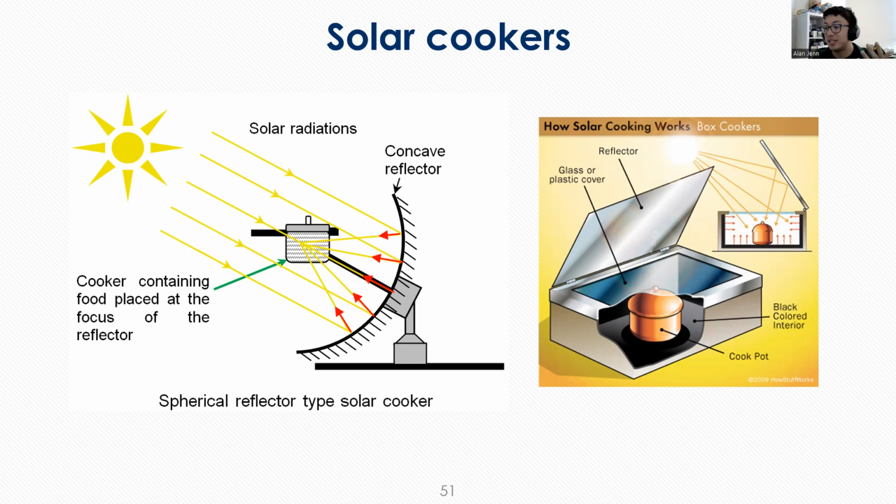And so this can actually be a big improvement to human safety as well. Yeah, and so solar cookers may not really be a thing that we think about in places like the US, but they can make a pretty big impact on people's lives in other places in the world.